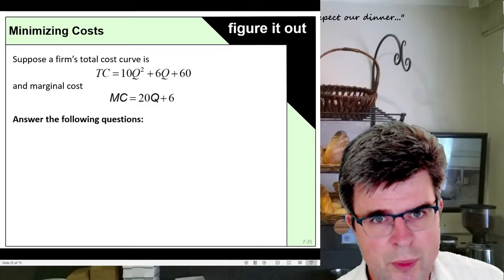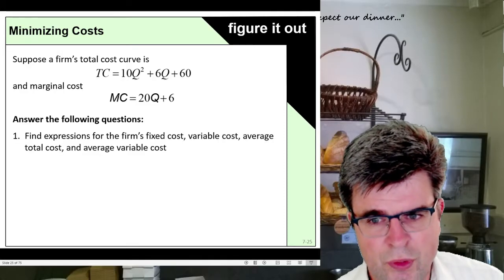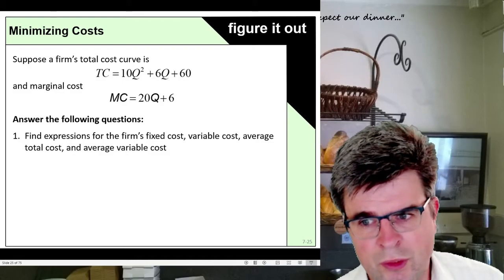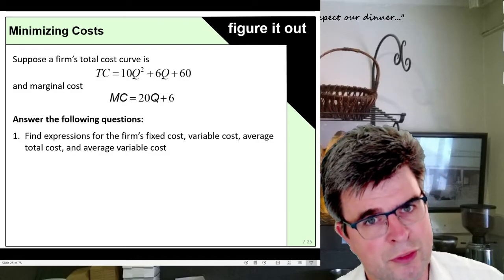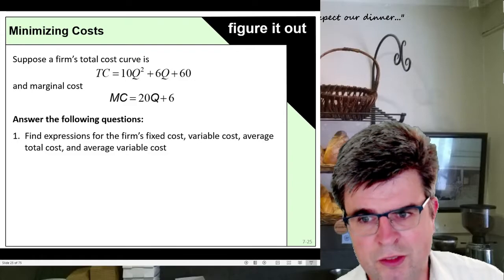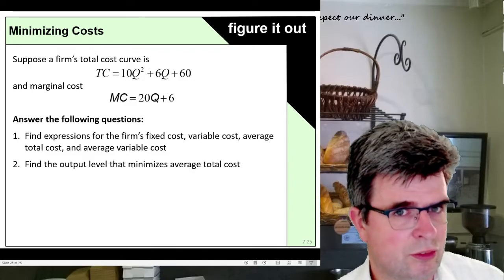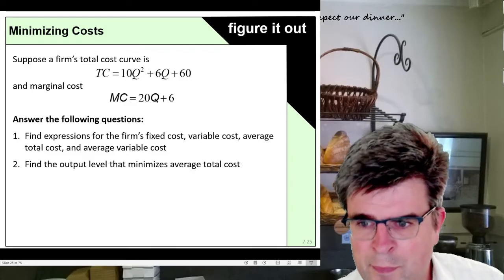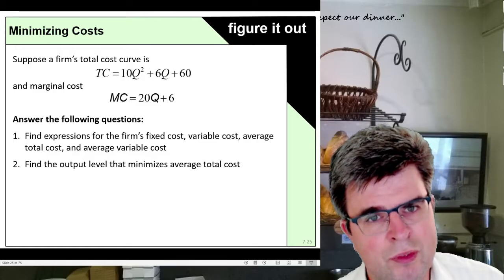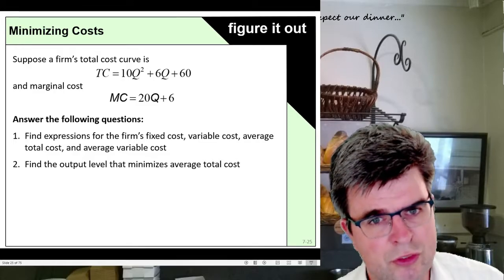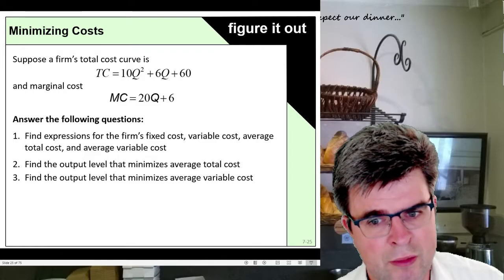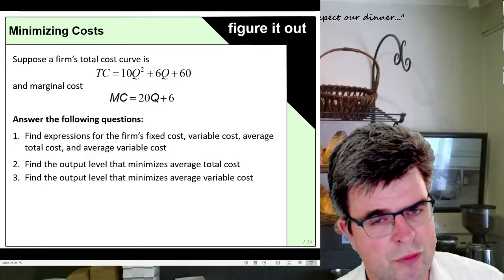Now answer the following questions. Find expressions for the firm's fixed cost, variable cost, average total cost, and the average variable cost. That's the first question. Actually, it's 5 questions in one. Find the optimal output level that minimizes the firm's average total cost, and find the output level that minimizes the average variable cost.